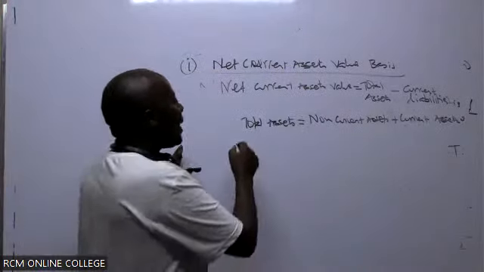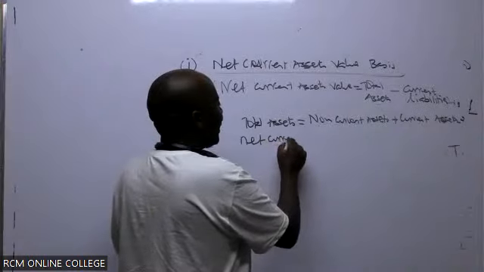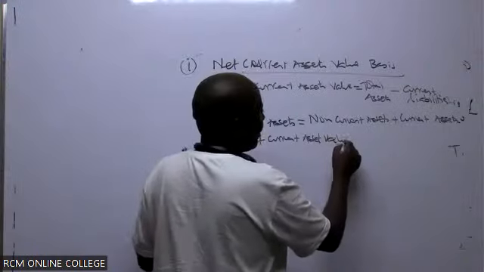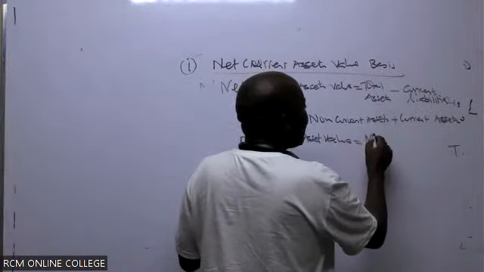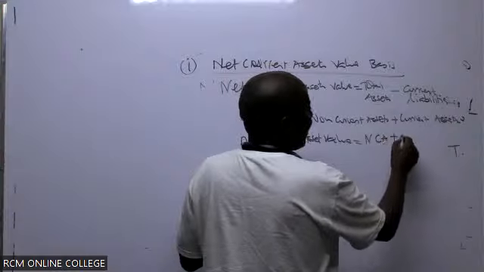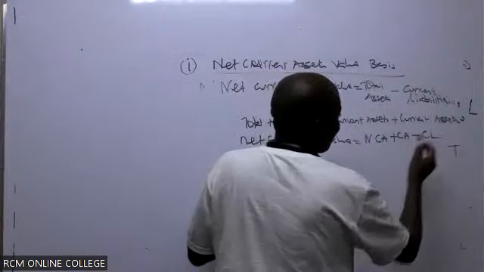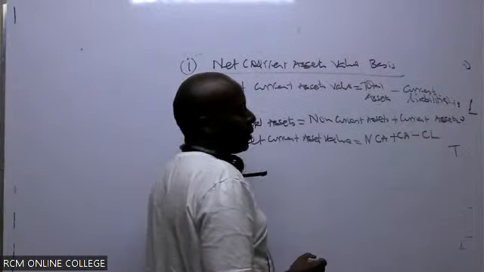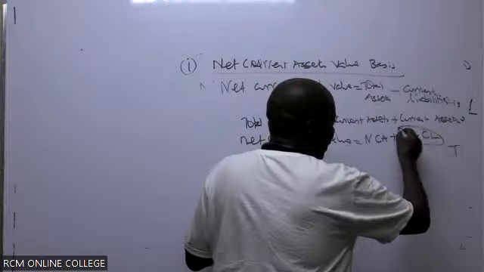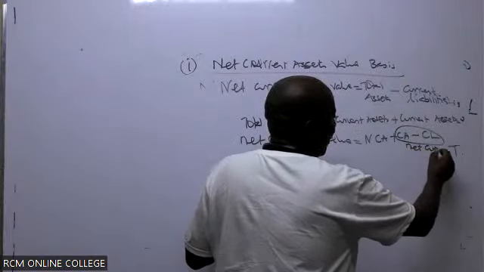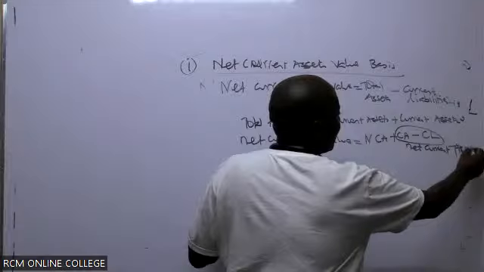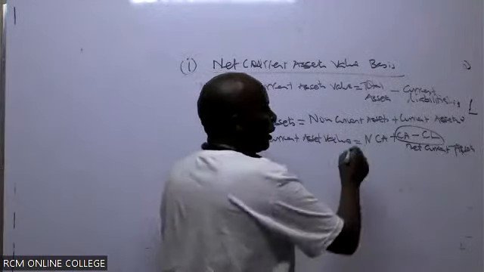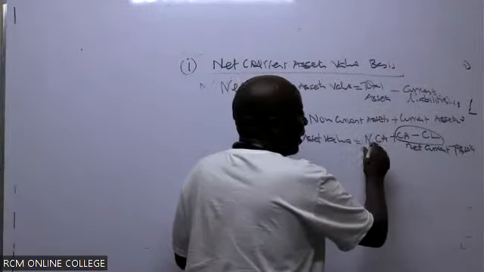So then when we talk of net current assets value, very, very confusing, you'll take these non-current assets plus current assets minus current liabilities. But now you see, this is what they are calling net current assets. So basically, if you look at that statement of financial position, they have taken net current assets, non-current assets.